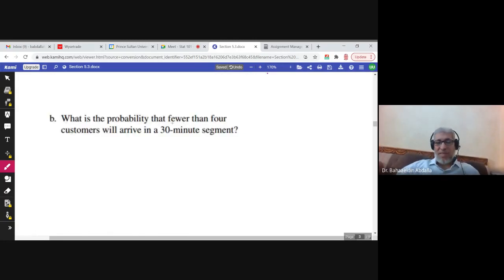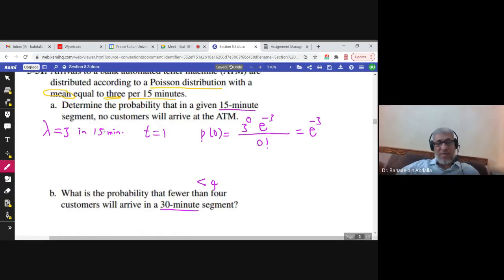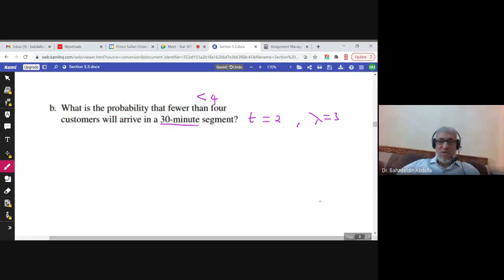What is the probability that fewer than 4 customers will arrive in 30 minutes? What is our segment? 15. So if he says 30, then t is 2, and lambda again is 3. We need to find the probability of x less than 4, which is from 0 up to 3.